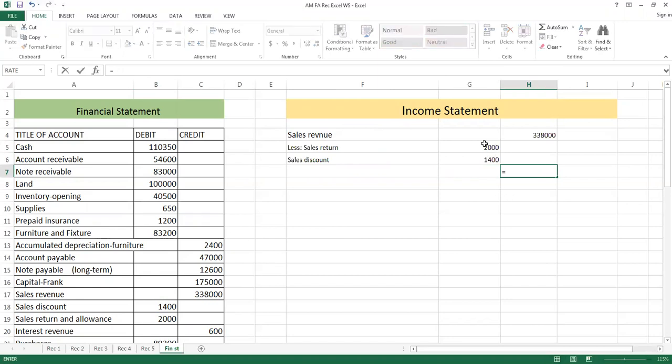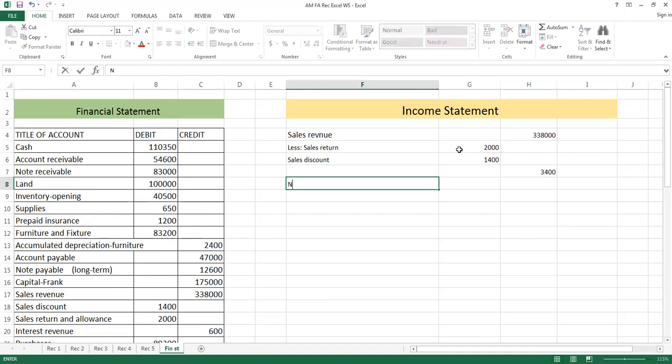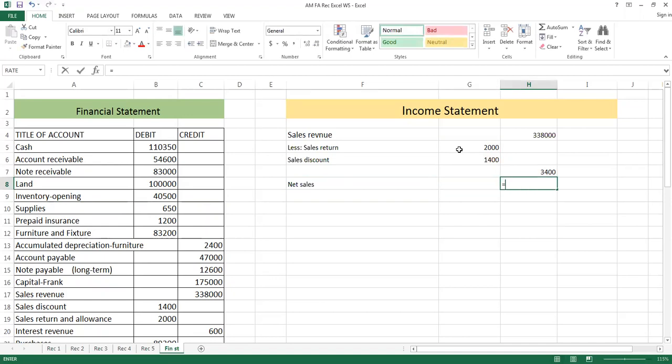You will take the sum of these two amounts, and you will minus it from the sales revenue to get net sales. So net sales is the difference of sales minus the return and discount sum. So net sales is coming 334,600.